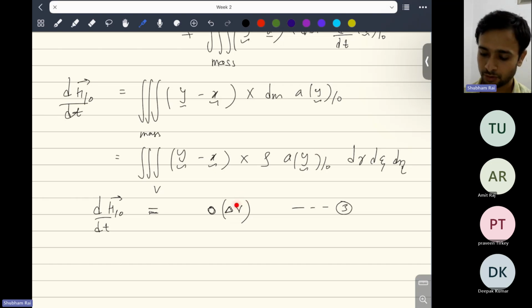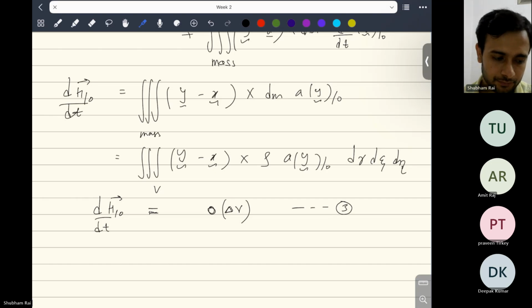For that, you'll have to integrate with respect to d gamma d xi d eta. You can refer to the class lectures for its equation. And you will obtain that the rate of change of angular momentum with respect to time will be of the order of higher volume.